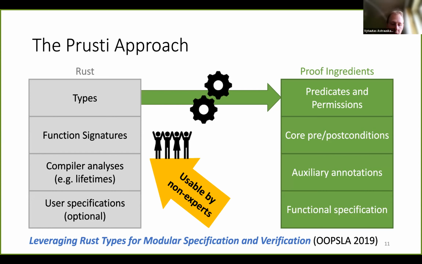This gives us that Prusti itself on the user level is usable by non-experts. People don't need to know separation logic; they only need to know Rust and first-order logic, meaning quantifiers in most cases.